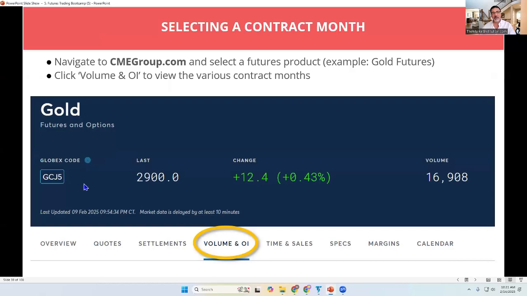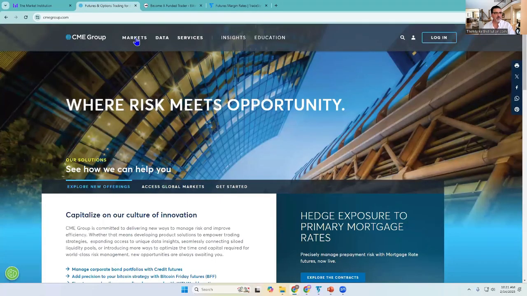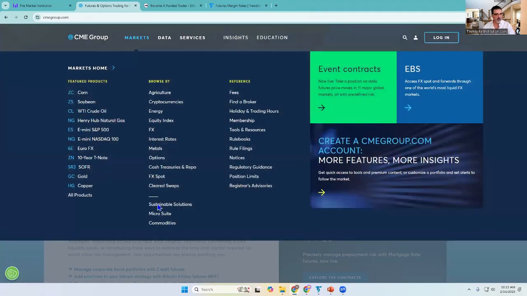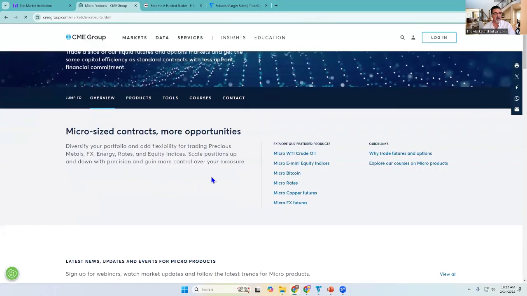When you go out to the CME Group, we kind of already did this a little bit, cmegroup.com, you select a futures product. Let's bring that back up here. You can look at the different markets, and you can see all the different markets down here, and you can also see the micro suite. If you want to see the contract specs and the minimum price movement for the micro, just left click on that and it brings up another page.